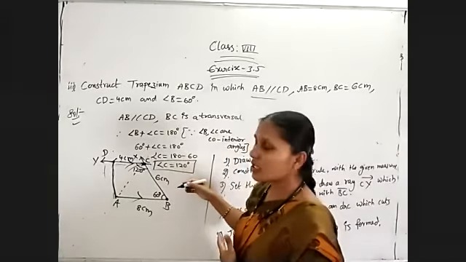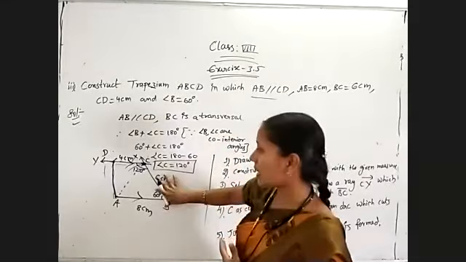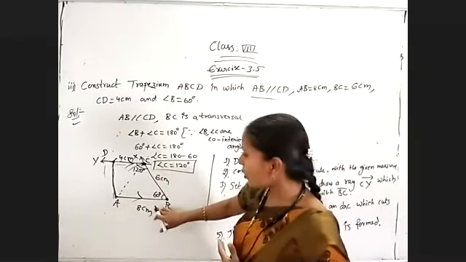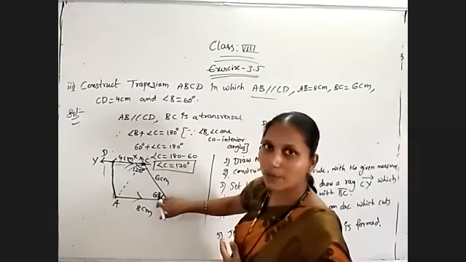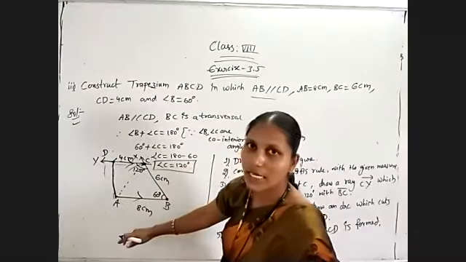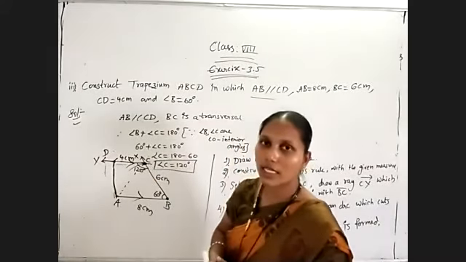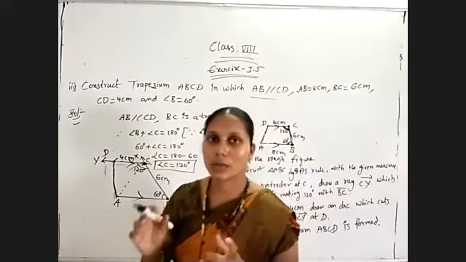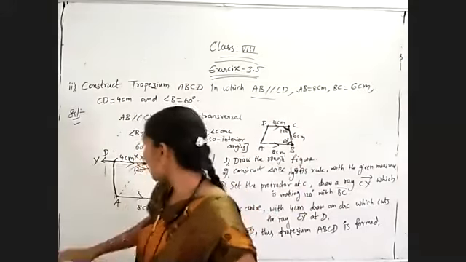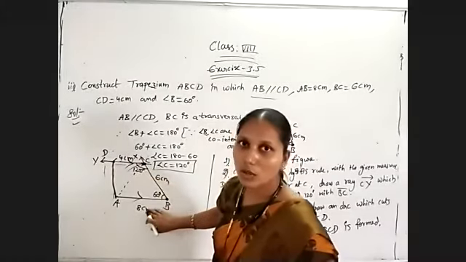If I use the instruments, then only I'll get the correct quadrilateral shape. But even so, I am mentioning 60 degrees is an acute angle, so you'll definitely get less than 90 degrees. 120 is obtuse, so you'll definitely get more than 90 degrees. At least that much idea you must have while constructing the angles. Don't get confused.